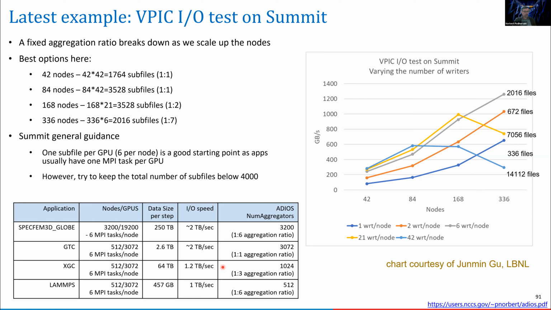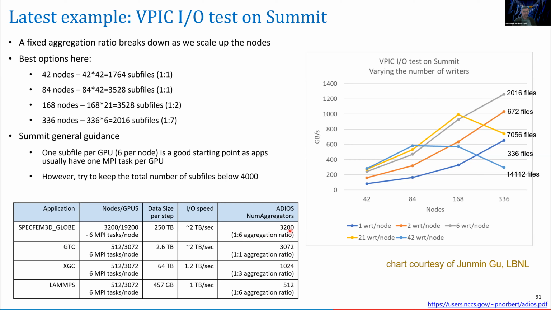And similarly, if you look at the applications that are using Summit at very large scale with lots of data, you can see that the practical aggregation ratio is keeping the number of files around 3,000 or less based on needs.